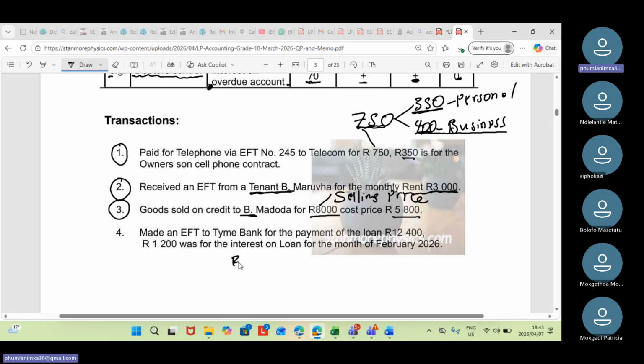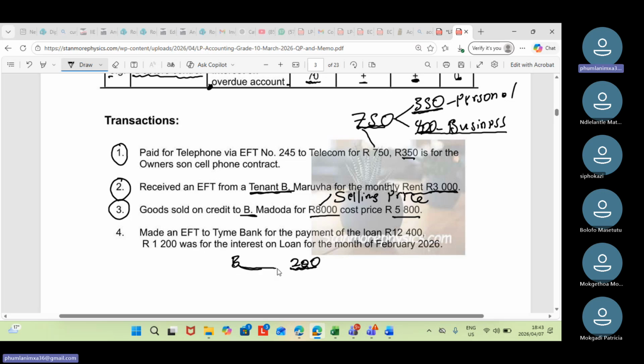Assume that you are now a business selling second-hand calculators at your school. Where are you getting them? From people who just passed matric. They say, I am selling my old calculator for 200, and you buy it for 200.